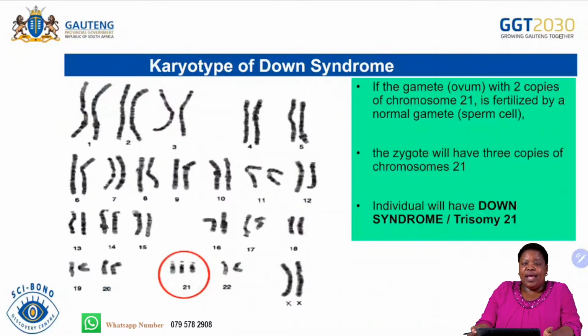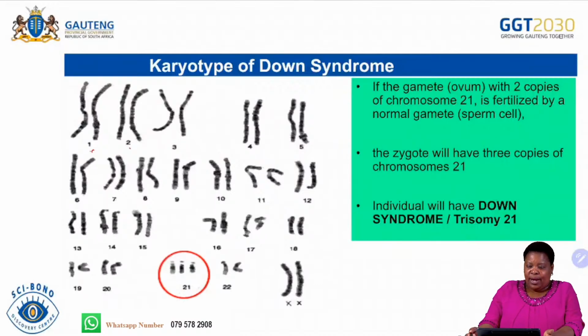Remember, we are looking at the karyotype of a person with Down syndrome at the moment. This is one, they are even numbered, it is made easier for you learners. We've got 1, 2, 3, 4, 5, 6, 7, 8, 9, 10, 11, 12, 13, 14, 15, 16, 17, 18, 19, 20. Check. On 21, all of a sudden we've got 3 chromosomes.